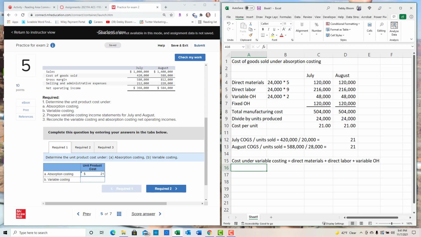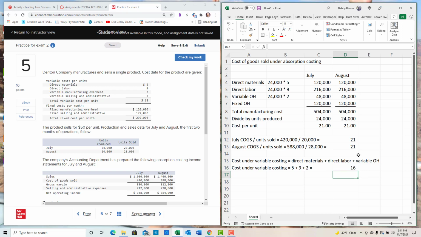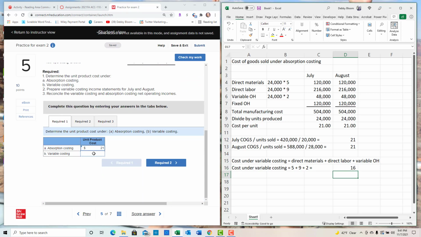So our unit cost under variable costing, all we're going to do is add 5, 9, plus 2. That should equal 16, which gives us $16 per unit.